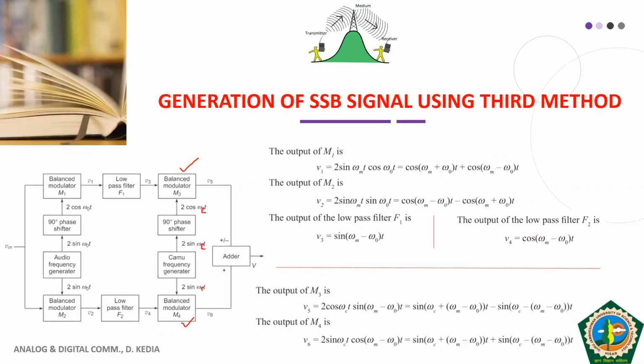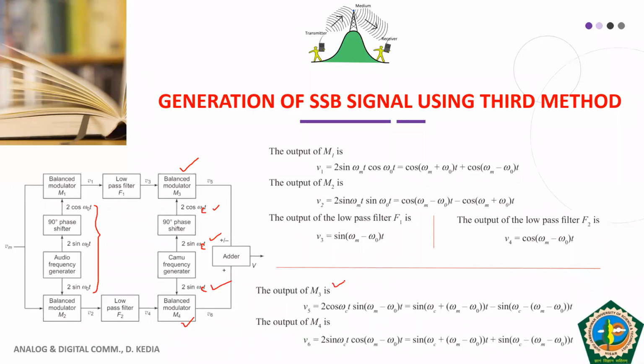This will also be omega c. I told you that in the first half, the frequencies regarding carrier are the carrier generator frequency, whereas in the second half we have the actual RF carrier frequency, so it should be omega c, not omega naught.